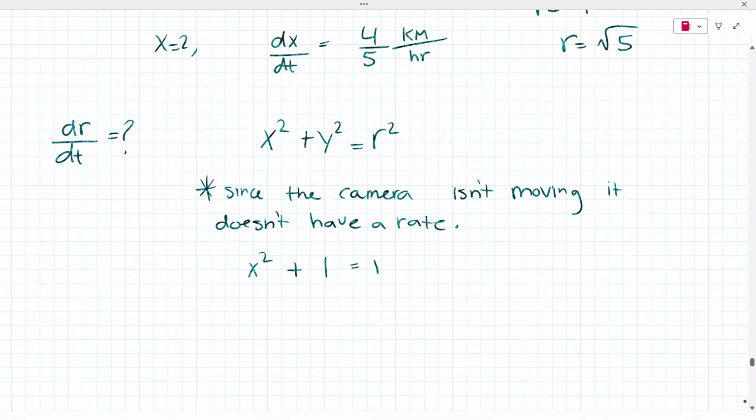So it's going to be x squared, and our y was this distance, which was 1. And since the camera isn't moving, it's going to be r squared. Then what I would do is some implicit differentiation. The derivative of x squared is 2x dx/dt. In word problems in physics, we usually take the derivative with respect to time. The derivative of 1 is a constant, which is 0. The derivative of r squared with respect to time is 2r dr/dt.